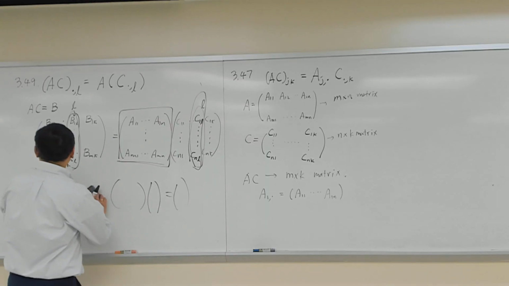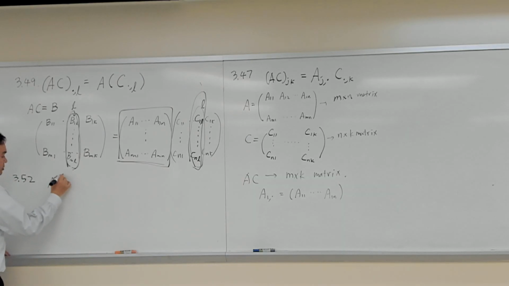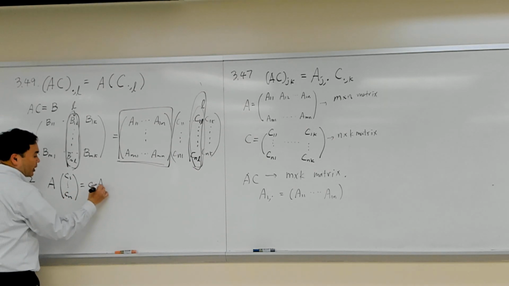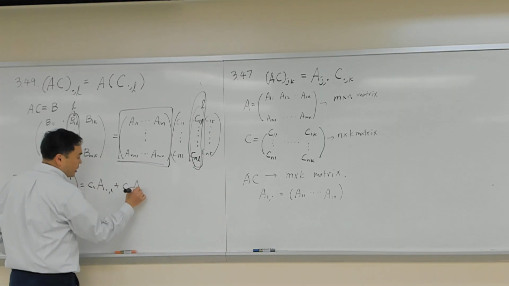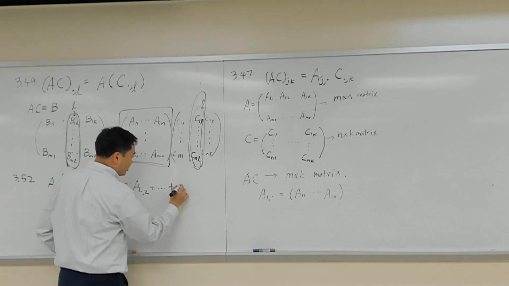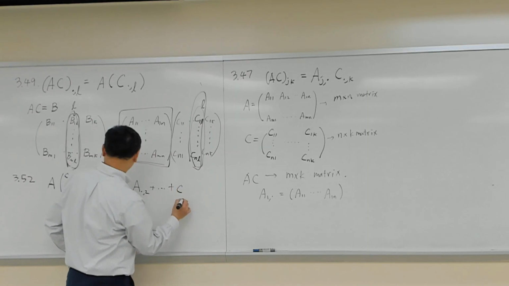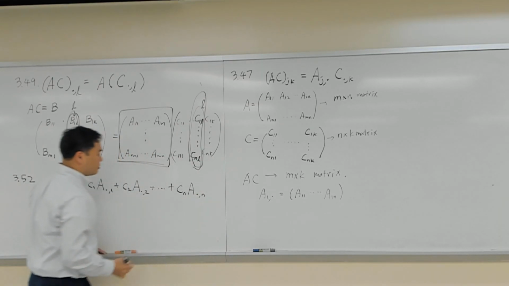And then finally, there's another cryptic formula, 3.52. If you have A times a column with C1 through Cn, that's the same as C1 times A's first column, plus C2 times A's second column, and so on, plus Cn times A's nth column.